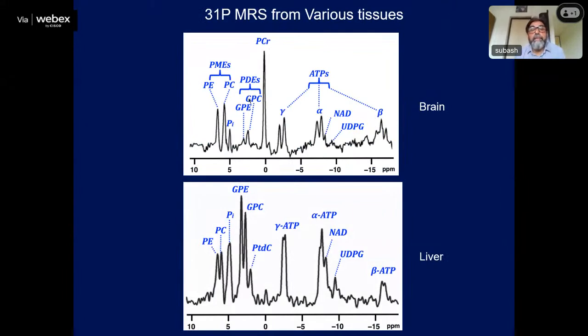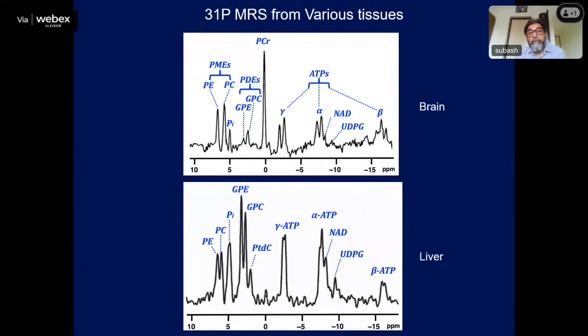From other areas, this is a P31 spectrum from the human brain. You can see different metabolites; GPE and GPC are able to resolve properly. Here in the phosphomonoesters, you can see phosphoethanolamine and phosphocholine. These peaks are also very well visualized because they are at higher field strength. You can see how beautifully these metabolites are visualized in the brain. And this is a liver spectrum.